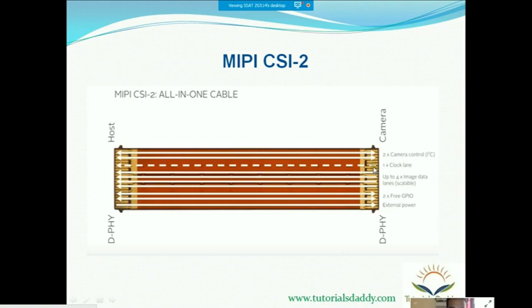And one line is one clock lane. The clock lane will be for providing the clock for transmission of data. After that we have 4 data lanes, which will actually be used for transferring the data from the camera sensor to the chipset, and each data lane can support a transmission rate of 1.5 Gbps.